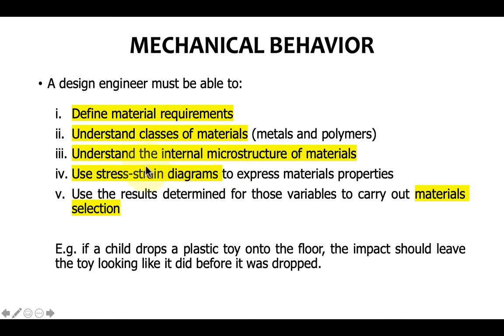They also must be able to use stress-strain diagrams to express materials' properties in terms of five engineering variables, which are stress, strain, elastic limit, yield strength, and toughness. And finally, use the results determined for those variables to carry out materials selection.